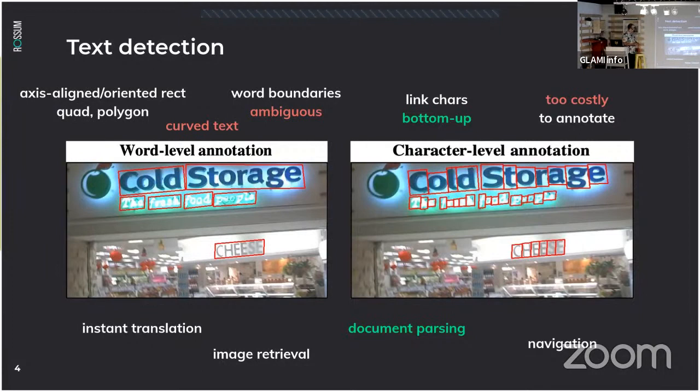One possibility is to annotate the individual words, or we can even annotate the individual characters, or possibly even pixels. And it is possible, simplest, just to draw some axis-aligned rectangle or oriented rectangle, or possibly some general quadrangle, or even some more complex polygon.